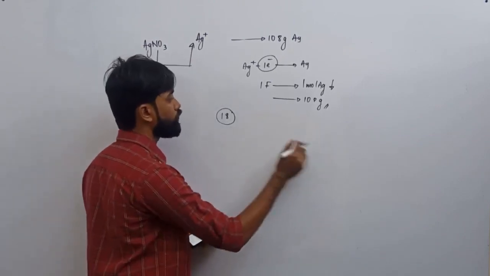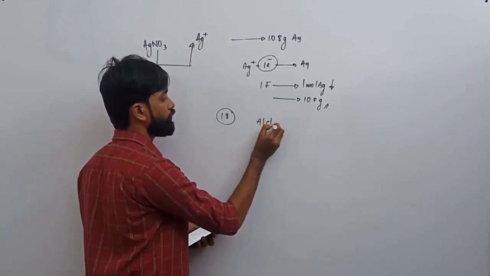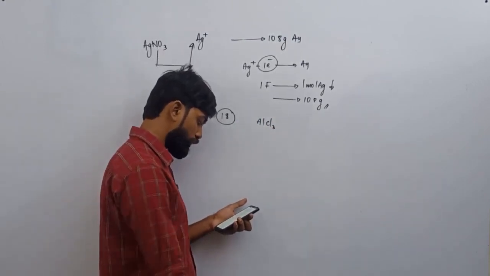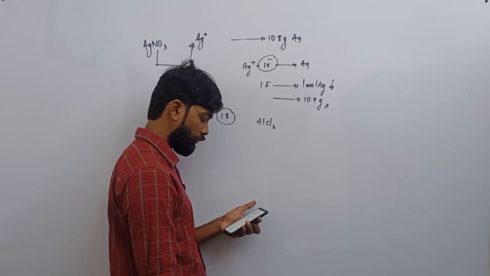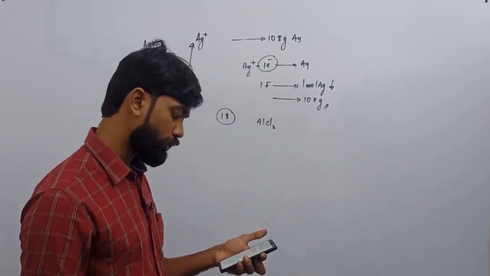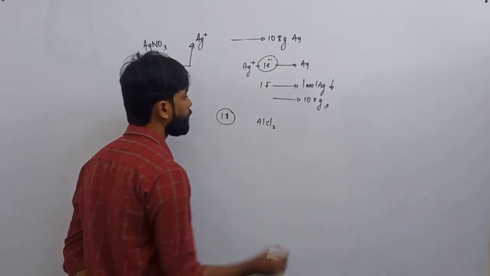So we have a solution of AlCl3, and we need to deposit 1 gram equivalent of aluminum. So how much Faraday is required? That is the question.